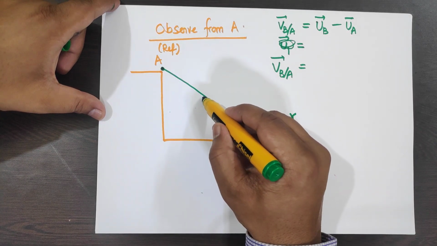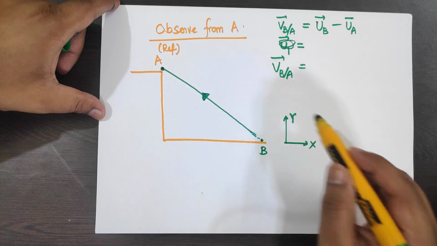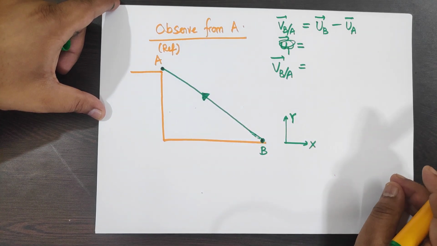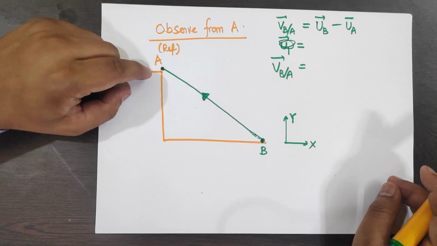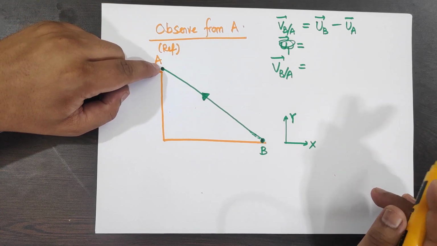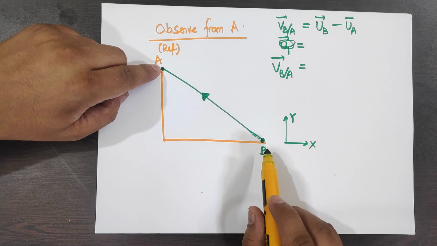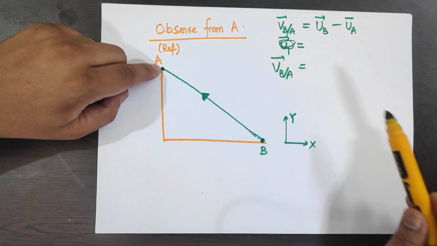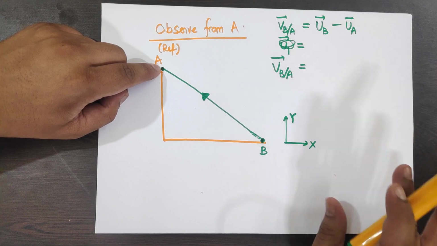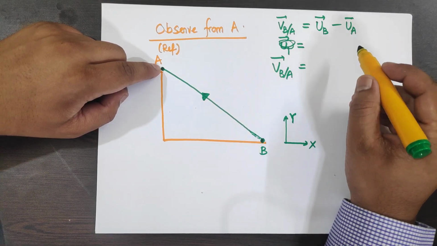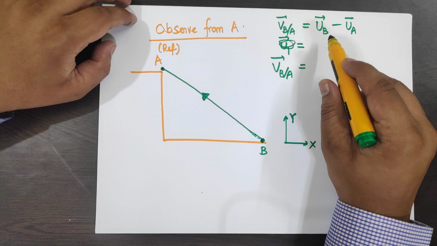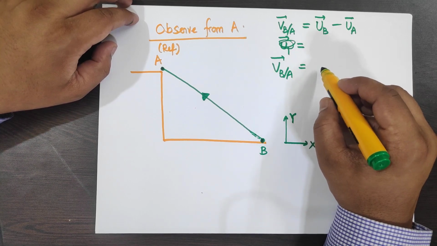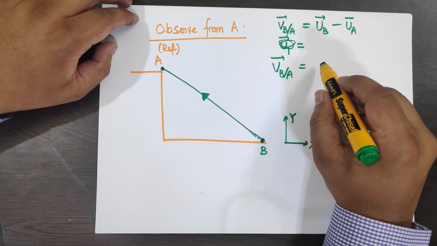For that to happen, see, once again I am saying that these are two projectiles, their relative acceleration is 0. So for the collision between A and B to happen, with respect to A, B should have a velocity directly towards A. There is no second option for collision to happen. So VB with respect to A is UB minus UA. So UB is how much?